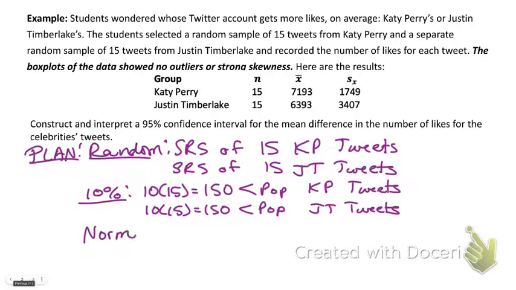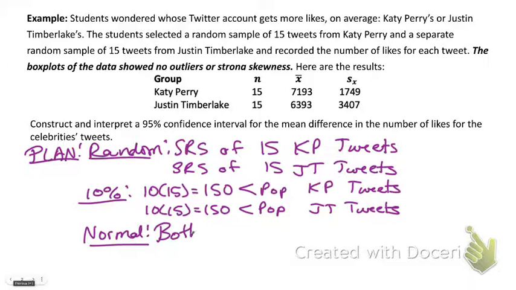Normal. All right, normal. Did the problem tell us that the population was normal? No. Is the sample size bigger than 30? No. But do we have to make box plots? No, because the problem told us that our box plots were good. So here's what we can do.